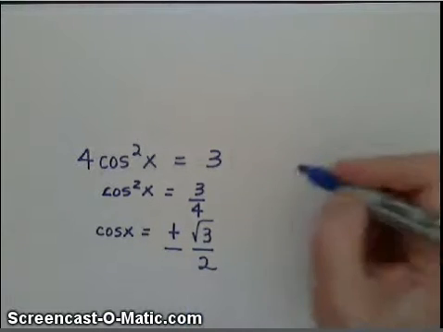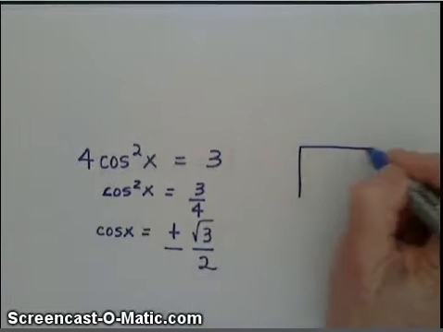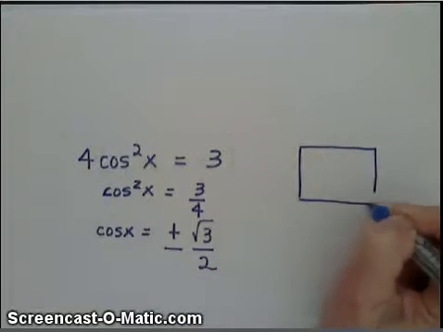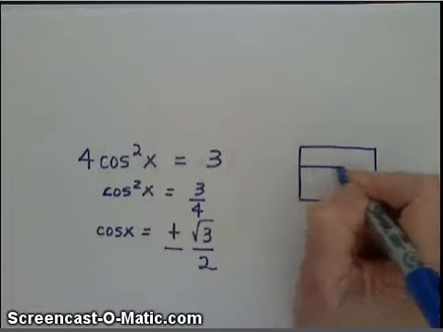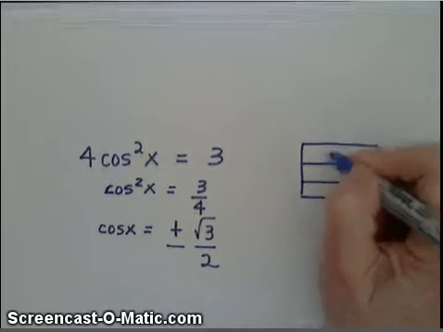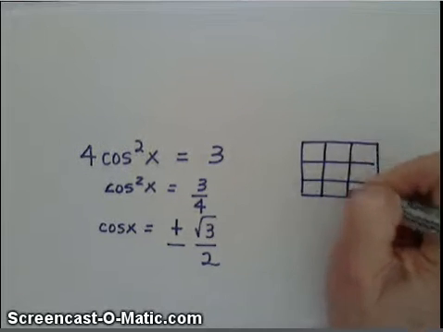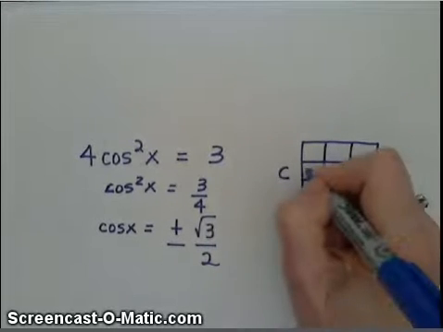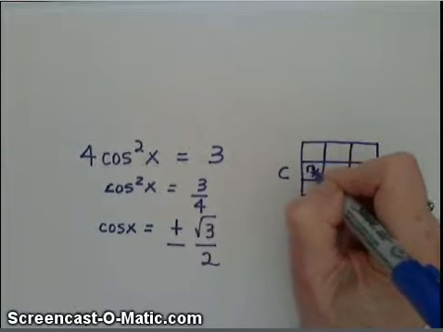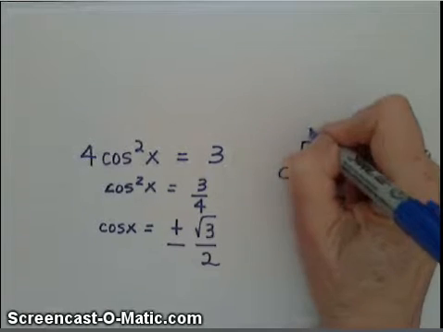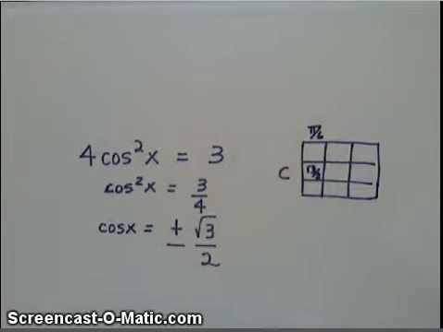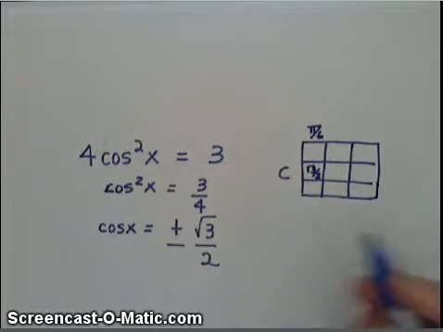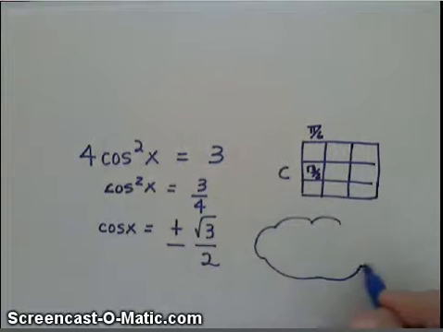Now, in the 9-part chart, I'm going to draw just a portion of it here. We're going to focus on the cosine row, which is the second row. And we're going to remember that the square root of 3 over 2 lives right there under pi over 6. So basically, here's my little thinking cloud.